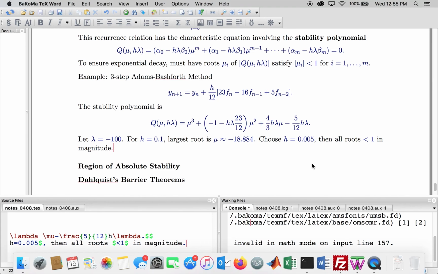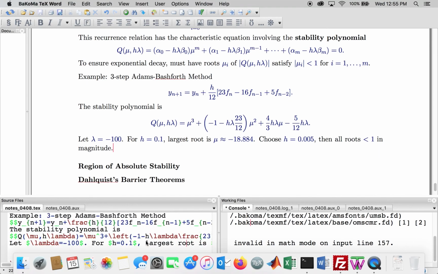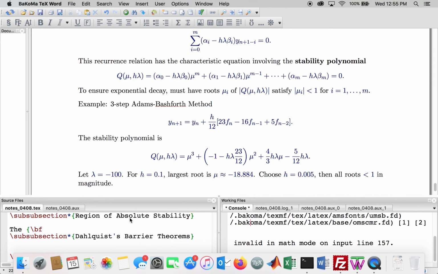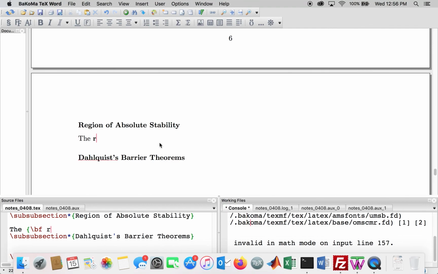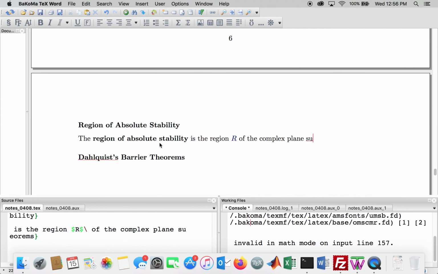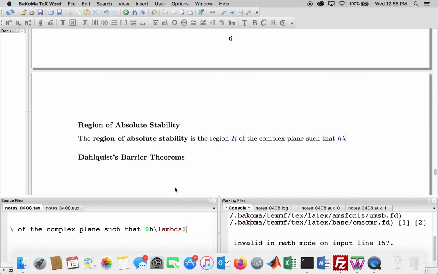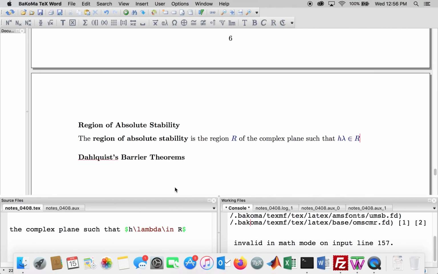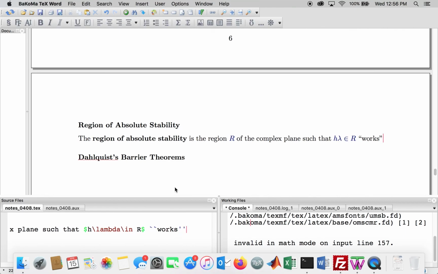Now, the idea of finding values of h and lambda that give you a viable solution for a one-step or multi-step method leads to what's called the region of absolute stability. So what is a region of absolute stability? It is a region of h lambda in the complex plane where the method works.